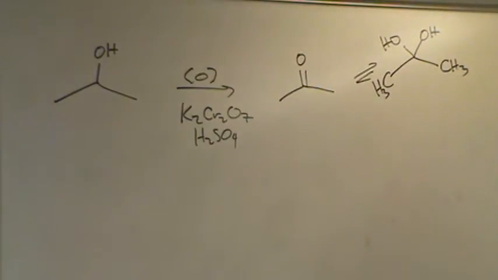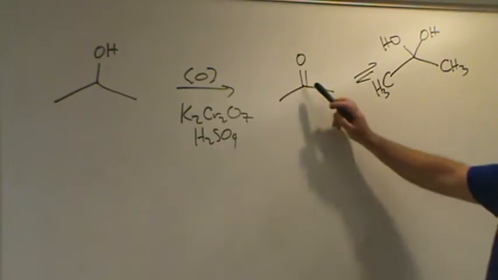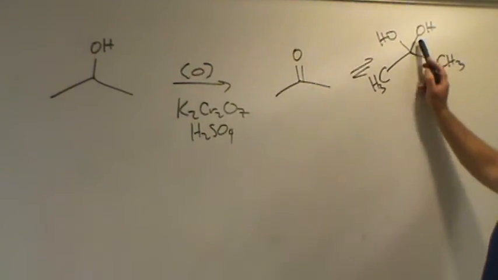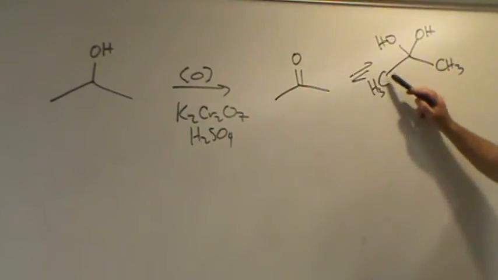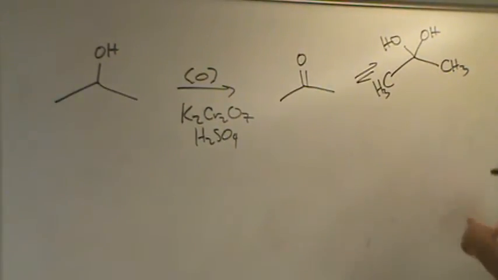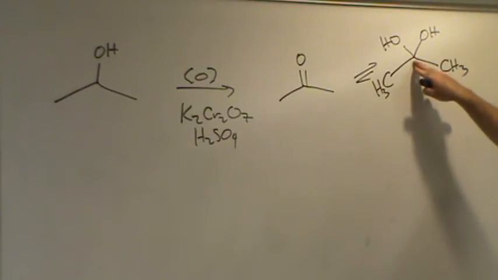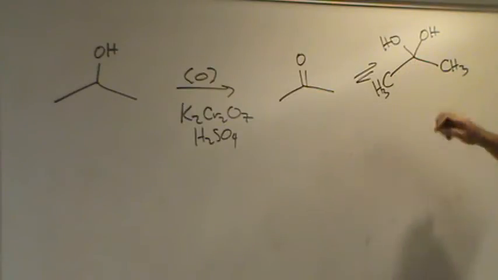Remember, we refer to an oxidation as a loss in the number of bonds to hydrogen and/or a gain in the number of bonds to oxygen. Well, I've got 2 bonds to oxygen here, and no hydrogens that I can lose. I can't add an additional bond to oxygen or remove an additional bond to hydrogen at this carbon because there's no more bonds to hydrogen to lose.